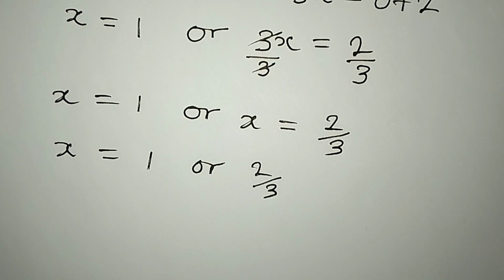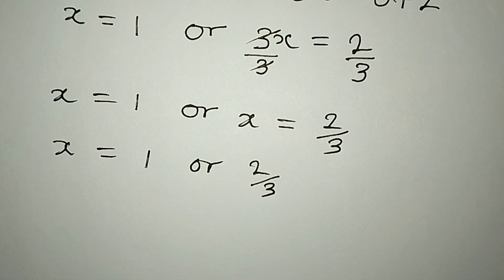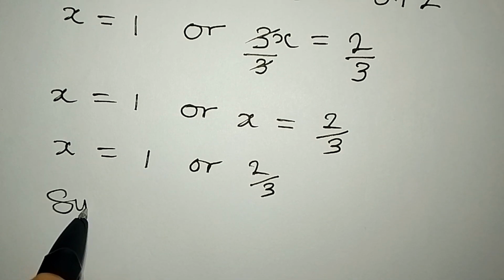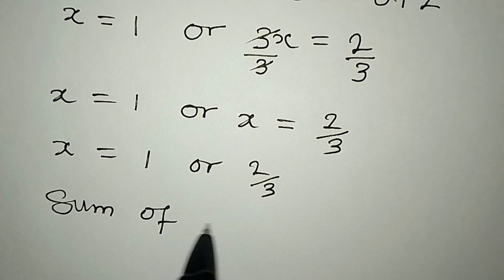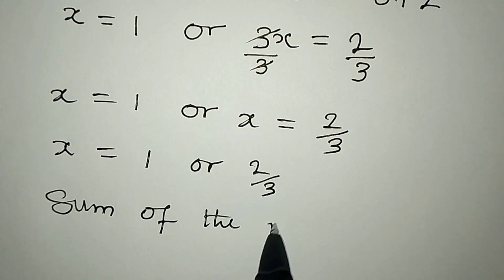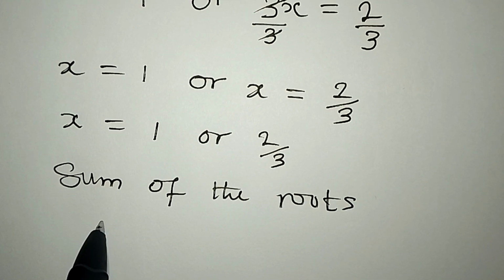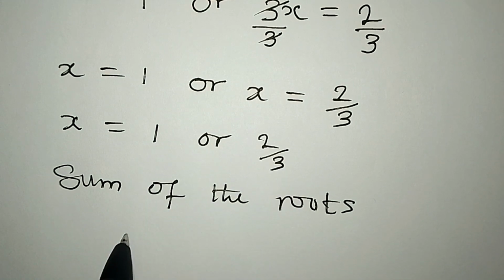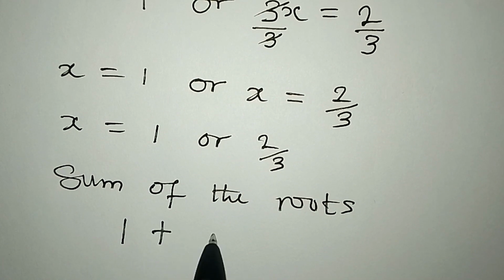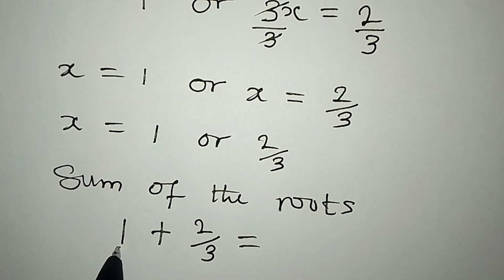And the question is saying that we should find the sum of the roots. Okay, sum of the roots, right, will now be equal to this plus this, which is 1 plus 2 over 3. Now, what is the LCM? This is over 1.